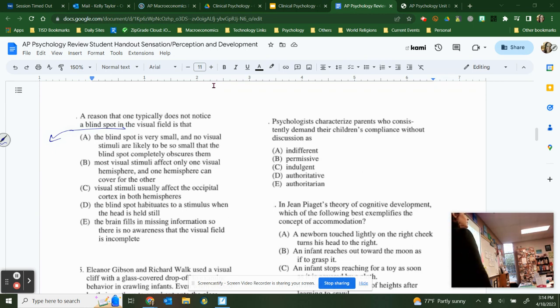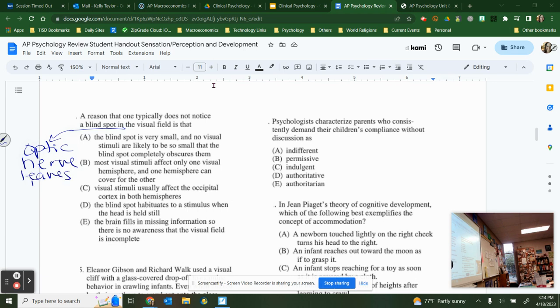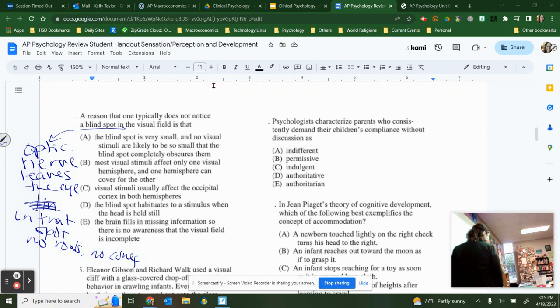The optic nerve leaves the eye there and heads to the brain, and in that spot there are no rods, no cones. But we're not walking around with this really big hole in our visual field, thank God.